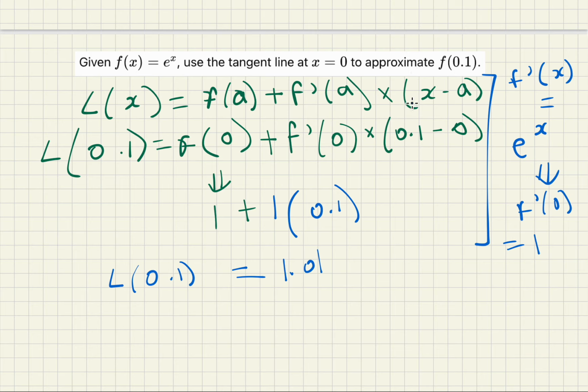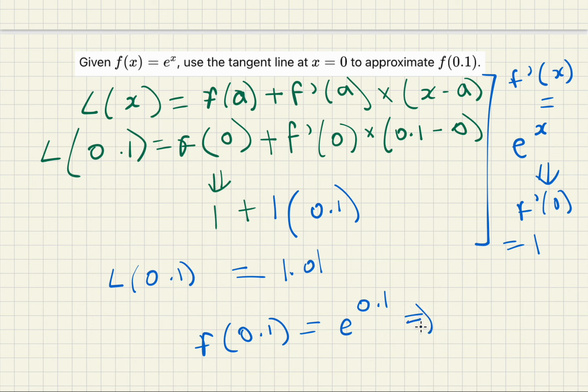And so after you do all of this, there is a way to double check your answer, and that is to simply plug this value into the function of f. And so if you plug in f at 0.1, you get e to the power of 0.1, right?